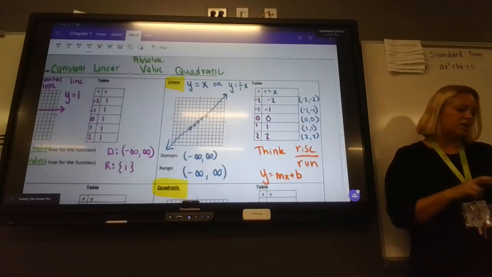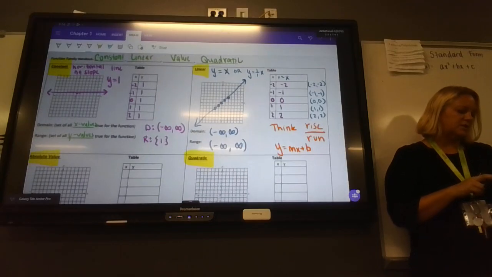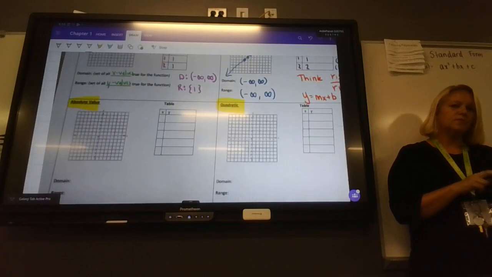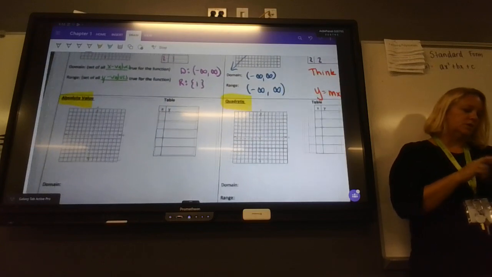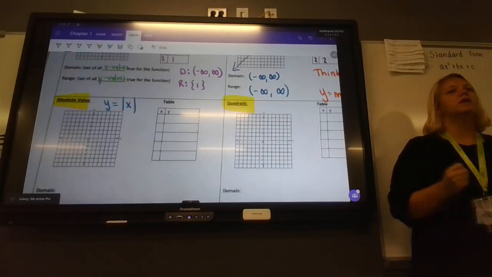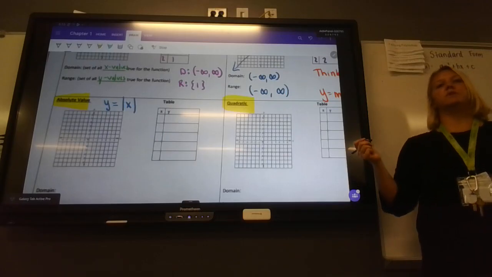So far, so good on our function families. Let's hit absolute value. Are you ready? All right, very similar to linear. Instead of y equals x, it's y equals the absolute value of x. So it's the same thing, but we have bars in it.